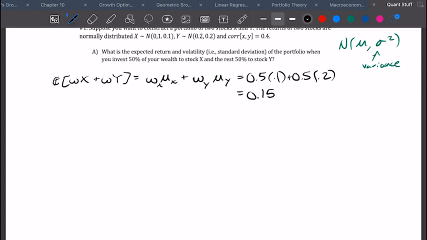Calculating the variance for the portfolio is a little bit more challenging, but we do have a general formula that has already been derived.